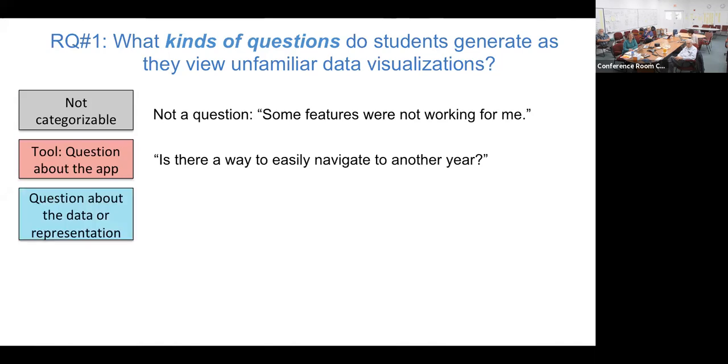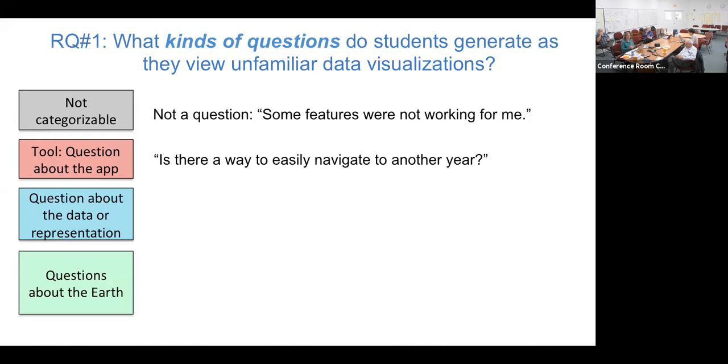Then the final two categories were the ones that we'll really be focusing on in the study. The first was questions about the data or the data representation. And the other big category was questions about the Earth. So the distinction there is, is the question fundamentally about the image that's on the screen in front of me, or the numbers behind that image, or the thing that's in the computer?